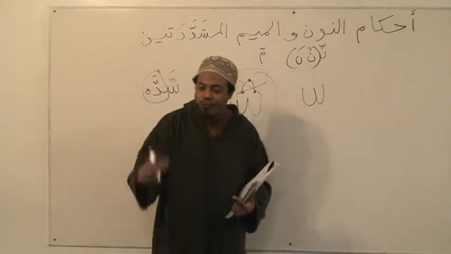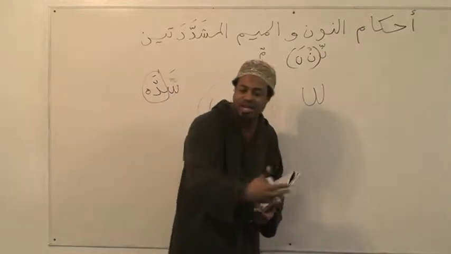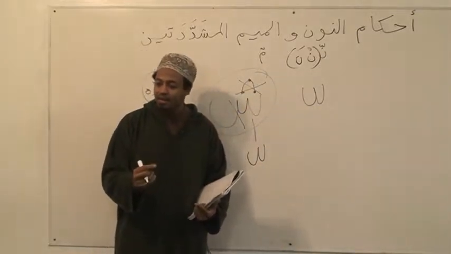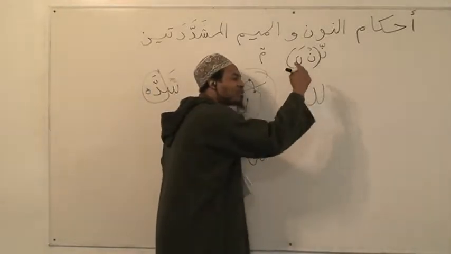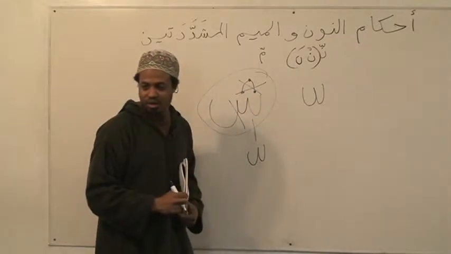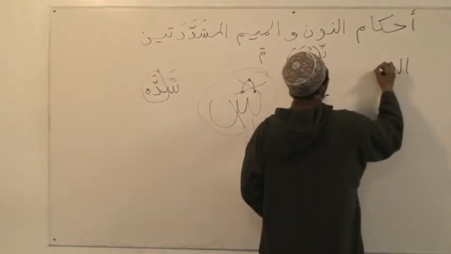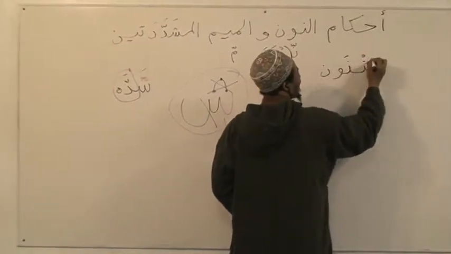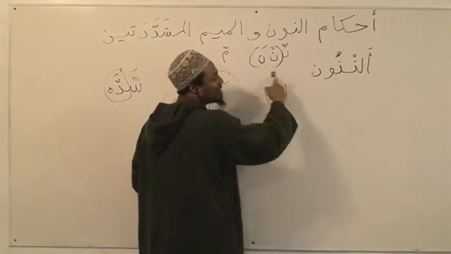There is no schizophrenia in Arabic or in Islam, I should say. Each piece follows the next piece. If you're thinking, you can find it. So because the Arabs love abbreviation, they're not going to write a noon, and another noon.